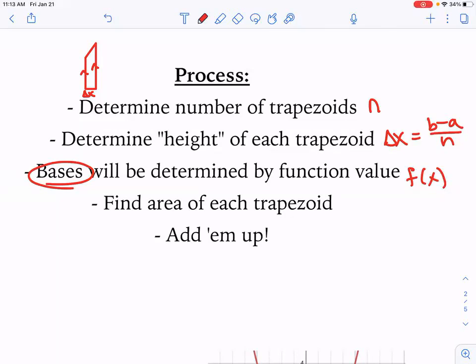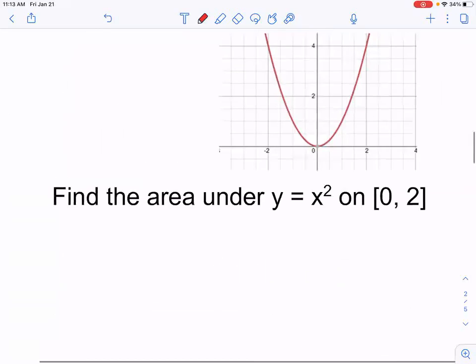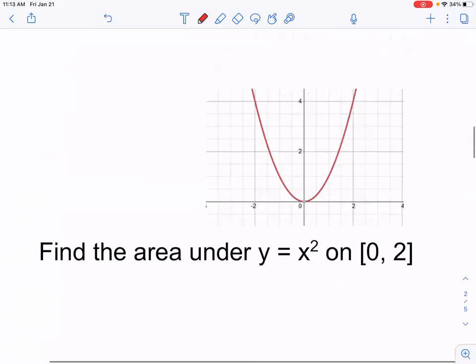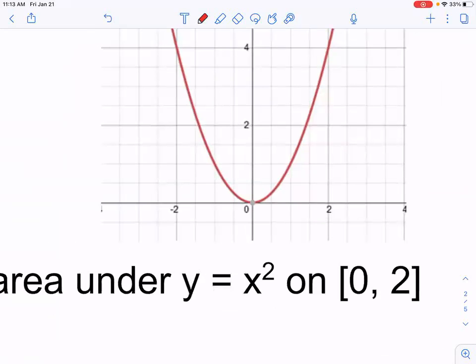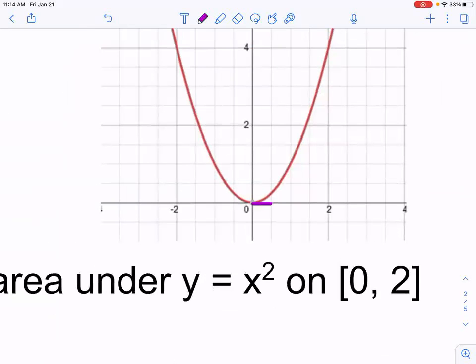Okay. All right, so go ahead and go to your pink foldable, and we are going to draw our rectangles. I mean, trapezoids. So each function height is going to give us our trapezoid. You see what I mean by that?